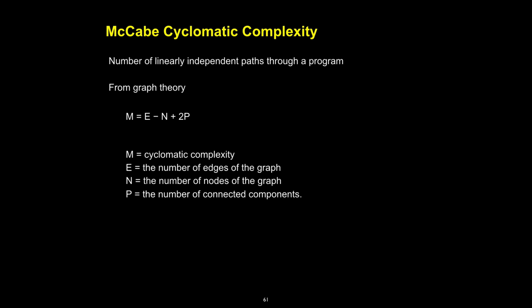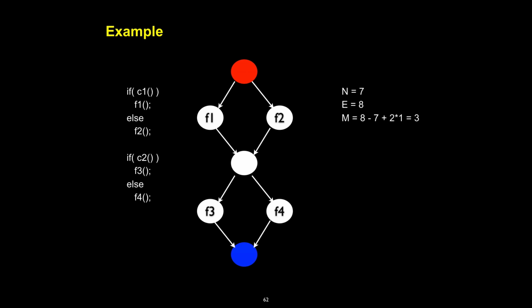So the idea comes from graph theory. So it's the number of edges in the graph minus the number of nodes in the graph. And then P is the number of connected components. What does that mean? So here's an example of taking code, right, and then turning it into a graph.